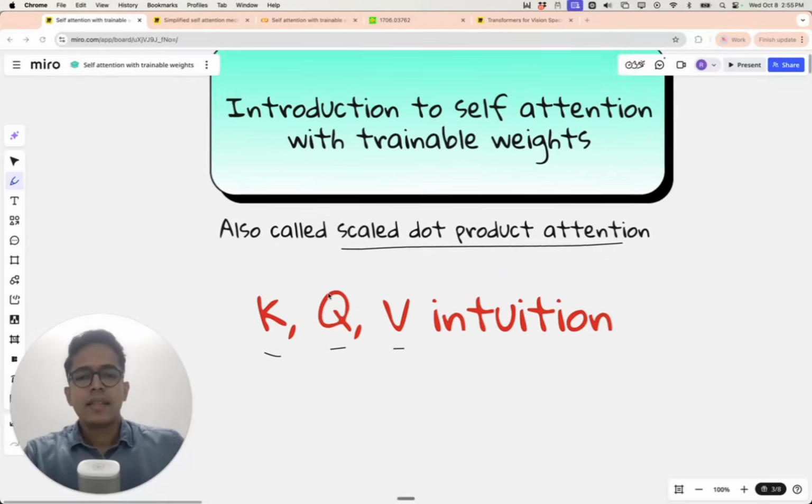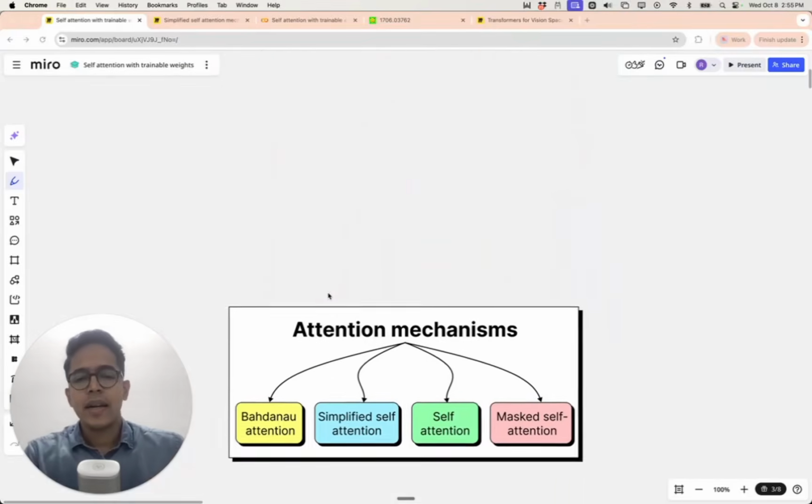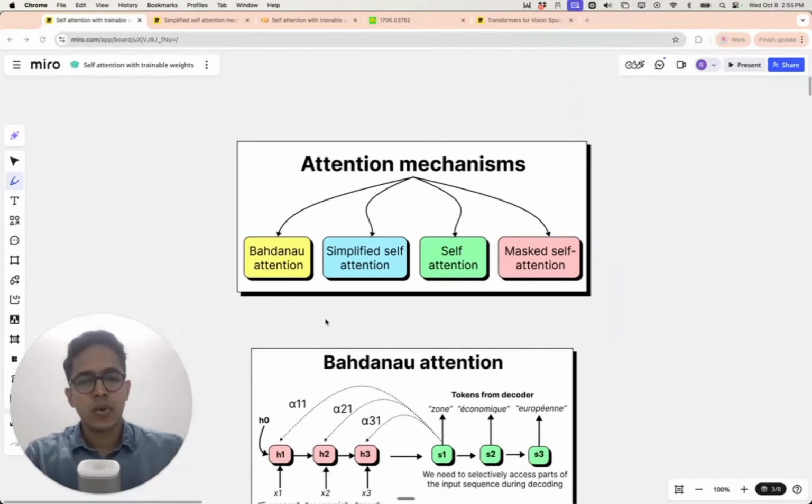So first, let's take a step back and try to understand what all we have been discussing in this course so far. In the lecture before, we discussed simplified self-attention, where we constructed attention scores by using dot product between the vector embeddings. And even before that, we started our discussion by going through Bahdanau attention, which was introduced in 2014.